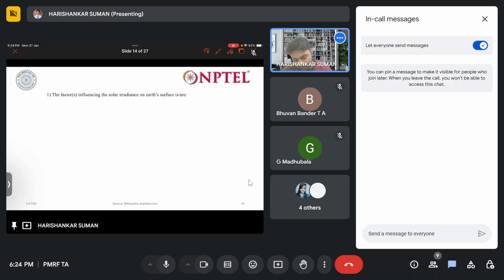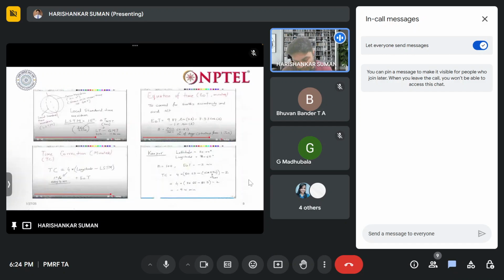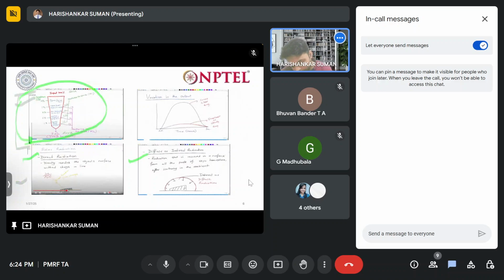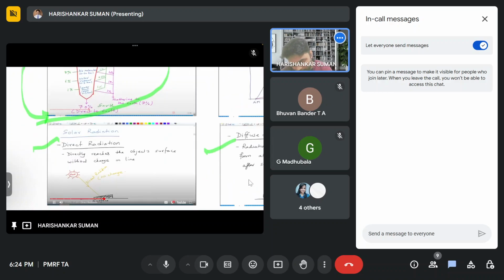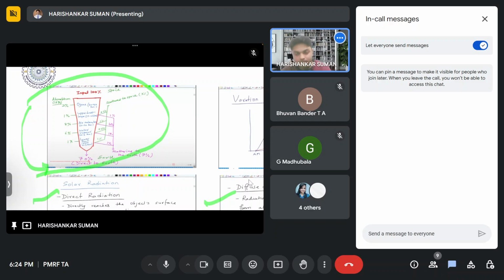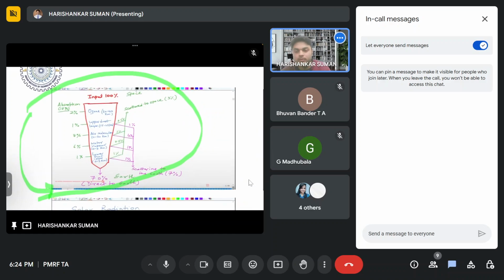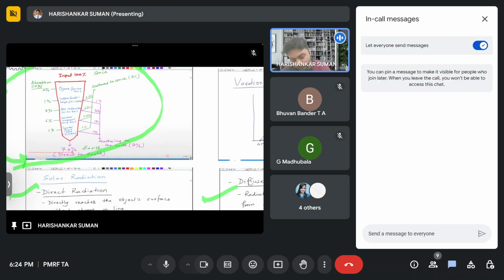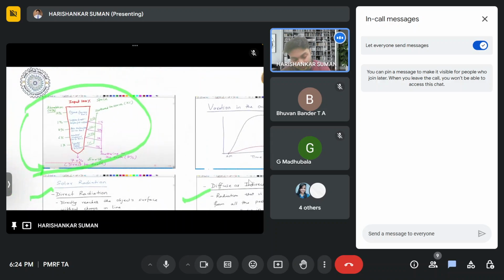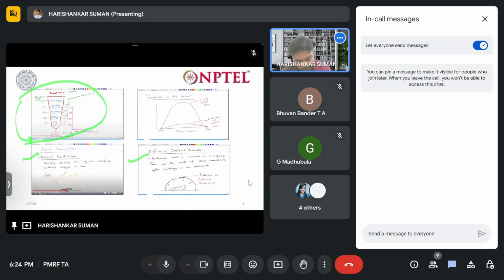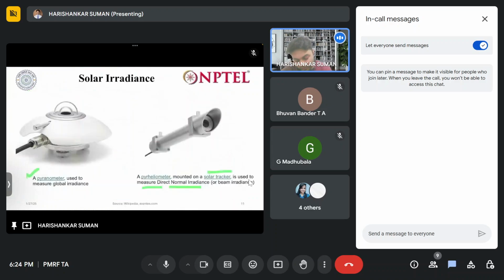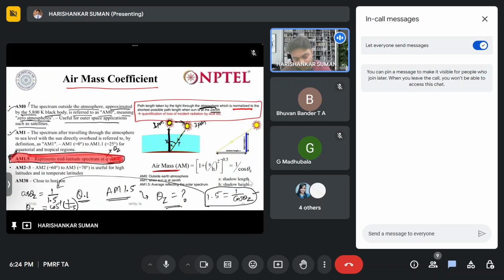So let me show you. Absorption is 18%. Another is scattering. You can see, and the direct radiation available for Earth is 70%. Okay, and in a similar way you can think about the other options.